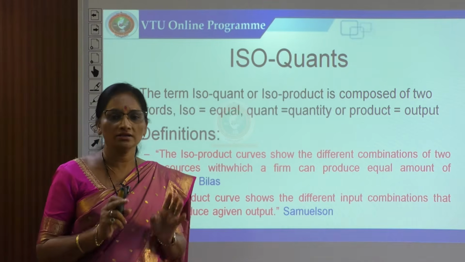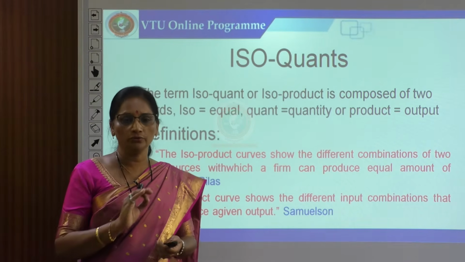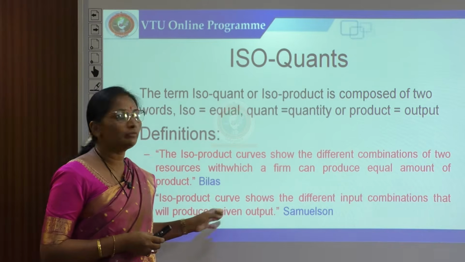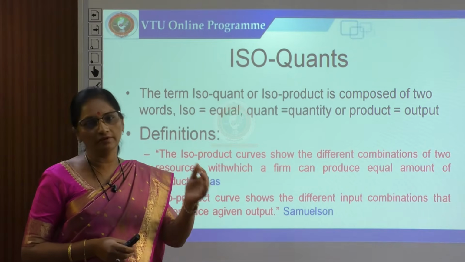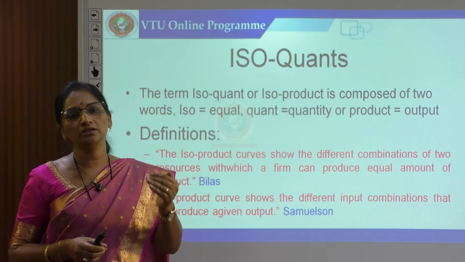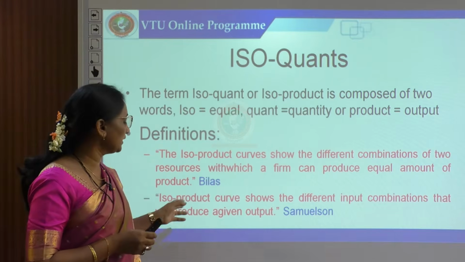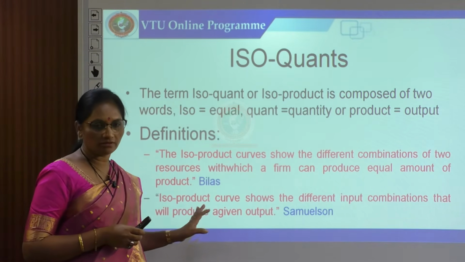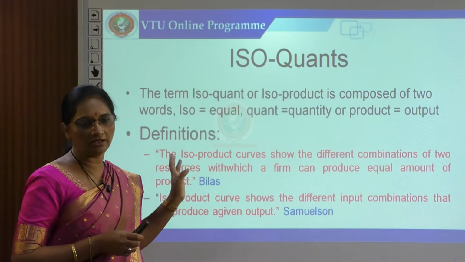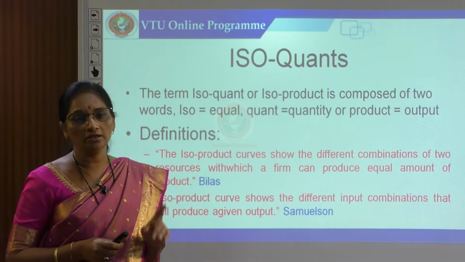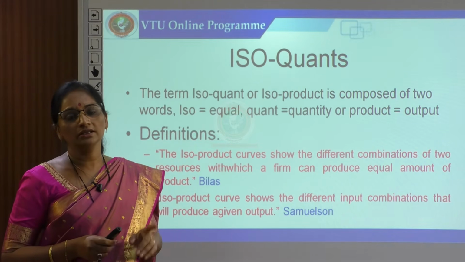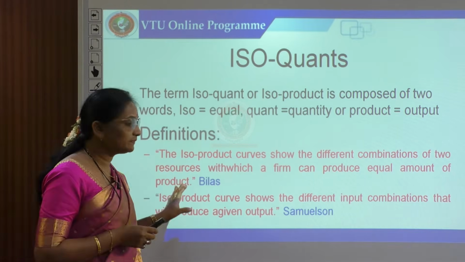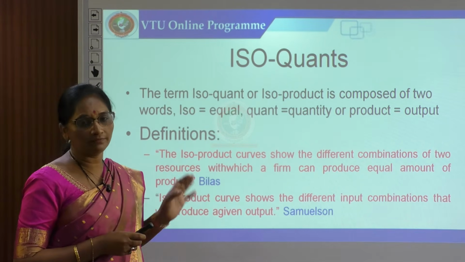He or she wants to produce the decided output level, so to get that given output level they will make different factor combinations, and with any one combination they can achieve it. All together, isoquants are curves showing combinations of two factors that give the equal level of output.